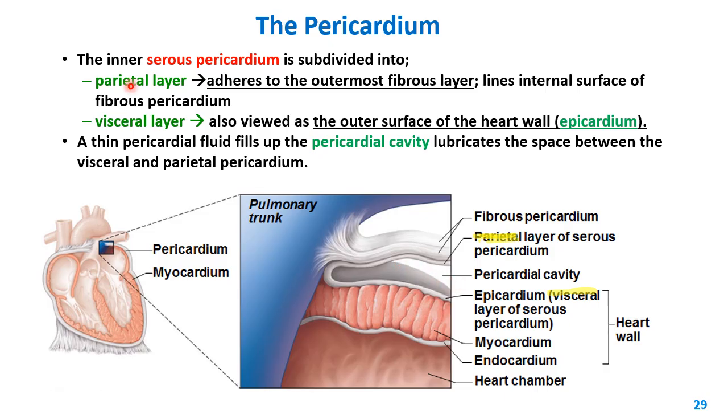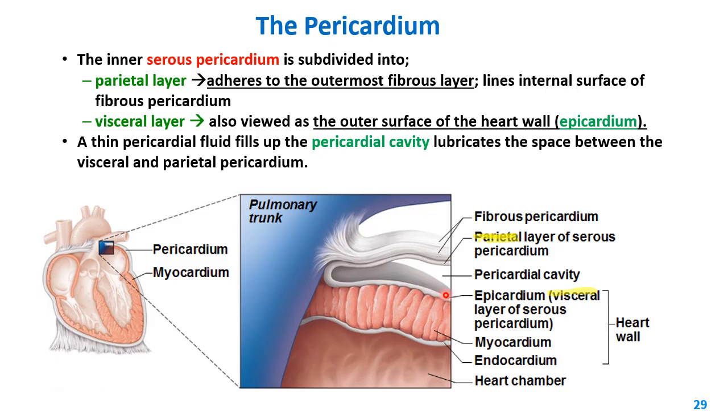All right, so here looking at the heart wall, let's look at the heart wall. So the visceral part of the pericardium is part of your heart wall. Okay, so you have a membrane there, you have muscle here, and you have membrane on the inside of the heart. The outside part is the membrane here.